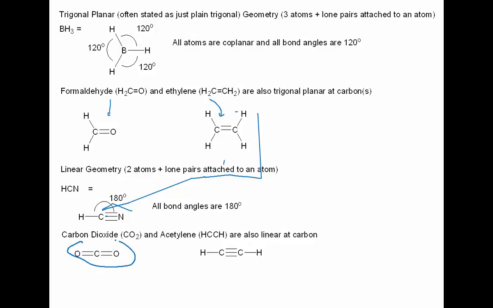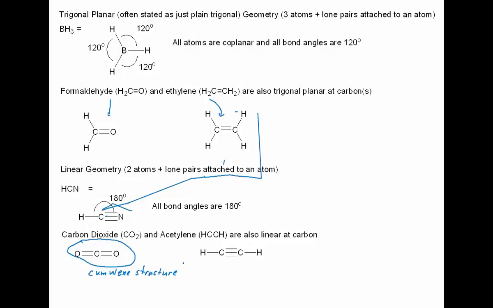It has 2 double bonds coming from the middle carbon, so the middle carbon here is part of 2 different double bonds. Okay, so that's also good for linear geometry. We refer to this structure of carbon dioxide as a cumulene structure.